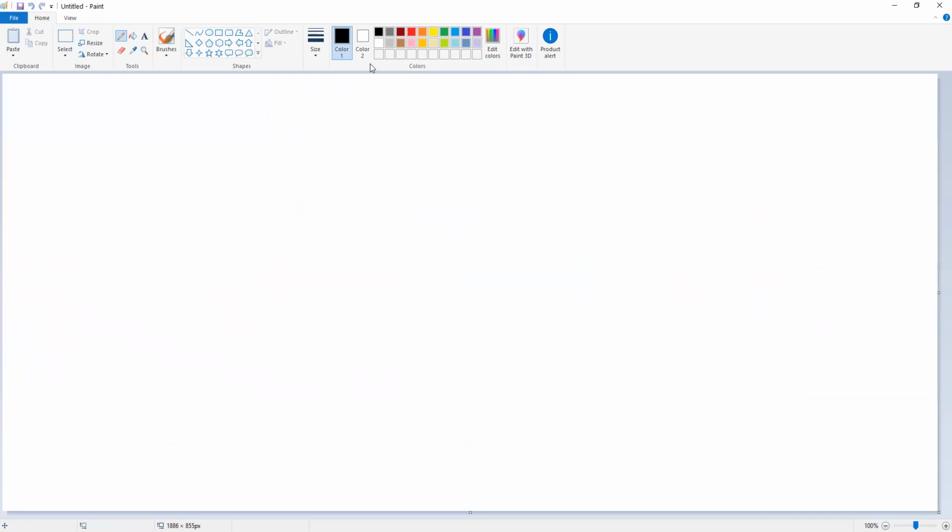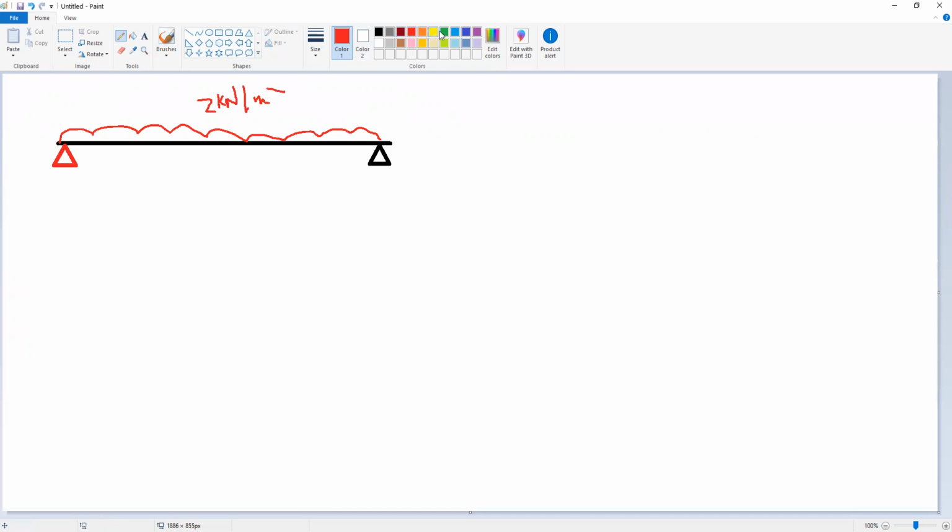Okay, for the moment, again we have our beam, and this is the support. We have one support here and one support here. And we have uniform load Q equal to 2 kilonewton per meter. We concentrate this load to be 10 kilonewton at the middle.